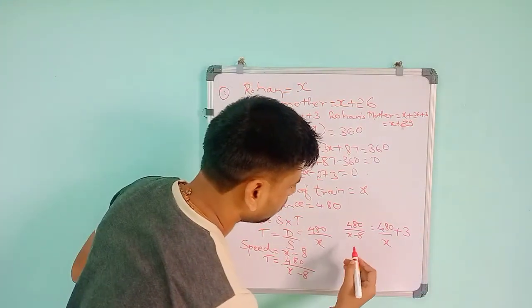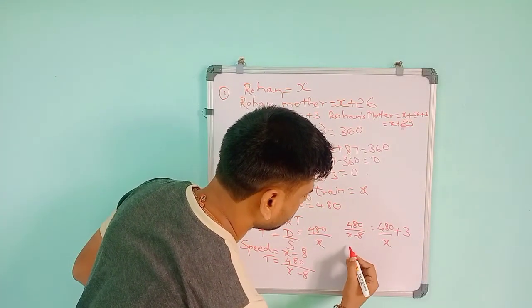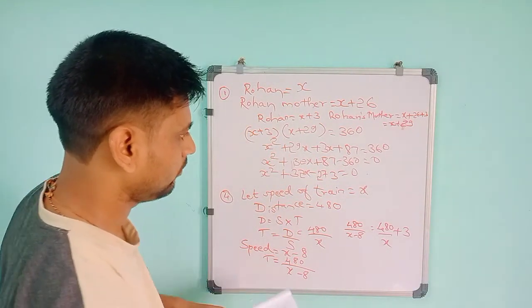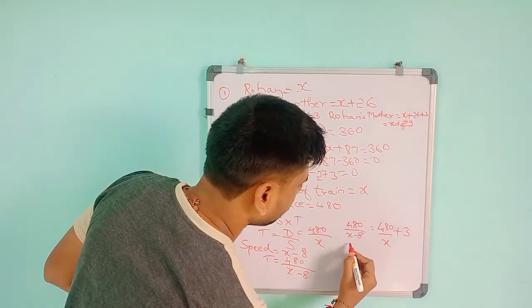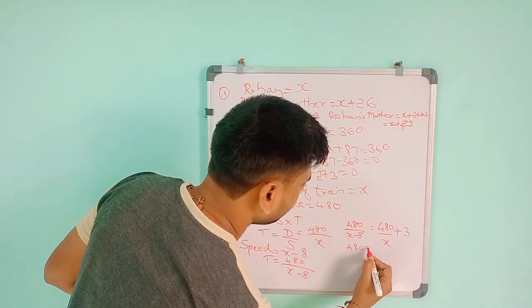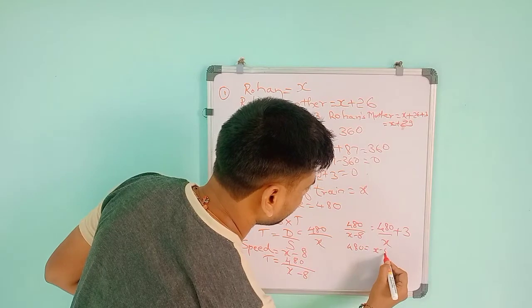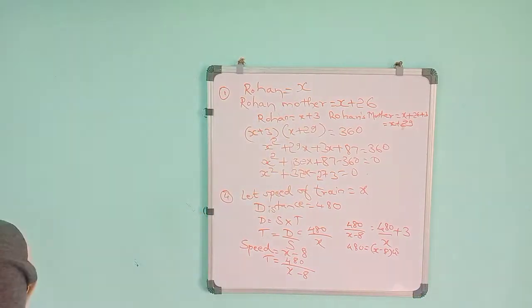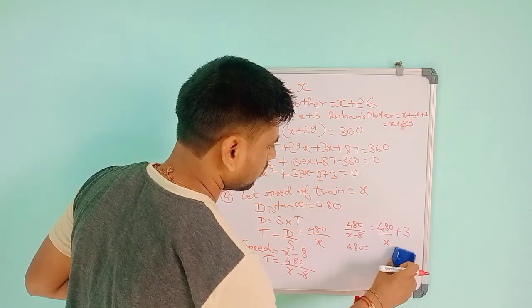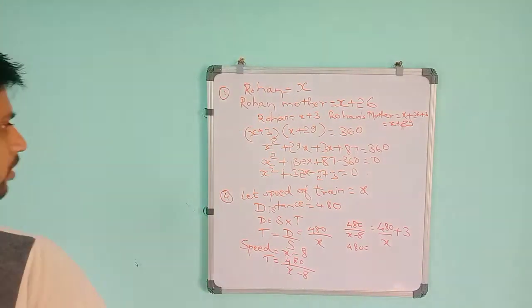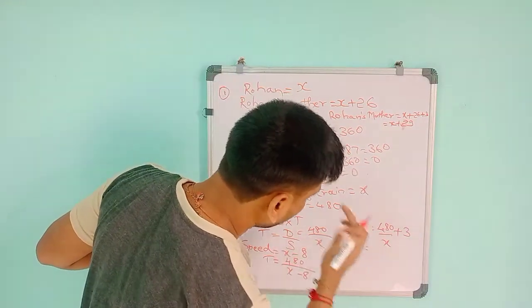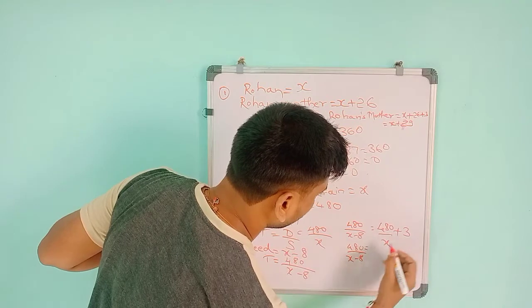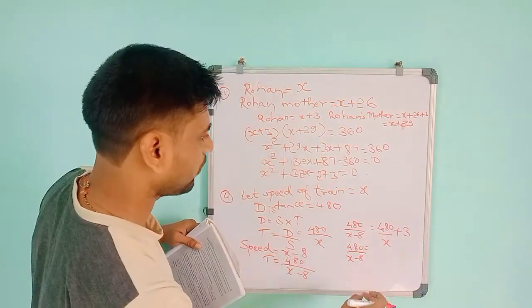Then if you cross multiply this one, first you do this: 480 is equal to x minus 8. So 480 by x minus 8 is equal to 480 by x plus 3.